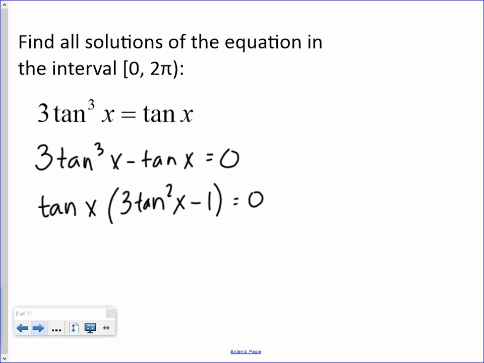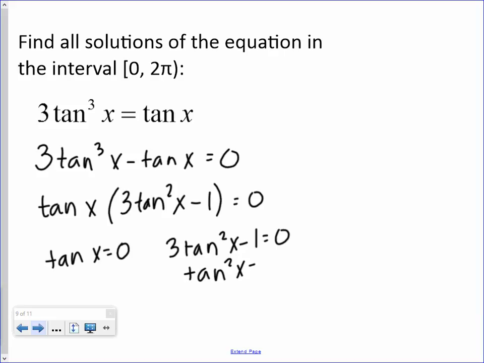Set them equal to 0, Blake says. So tangent x is equal to 0. 3 tangent squared x minus 1 is equal to 0. Oh, how'd you get that? Okay. Add 1, divide by 3, so that gets us 1/3 on the other side. And you should be a little bit worried there.